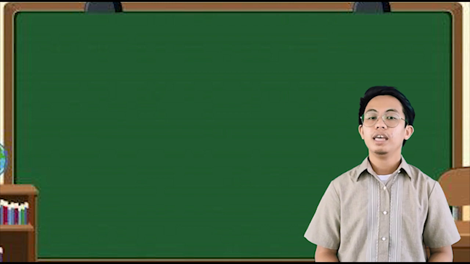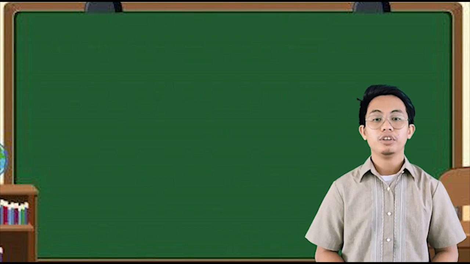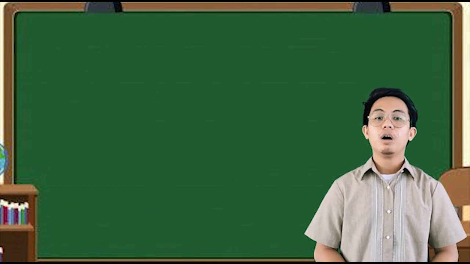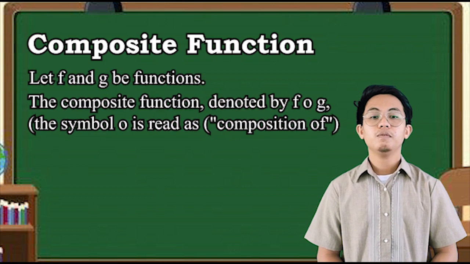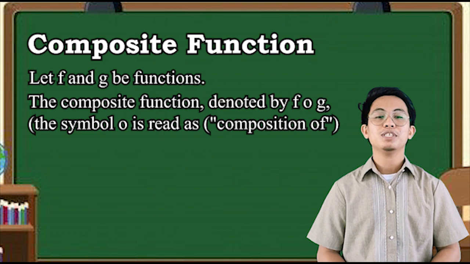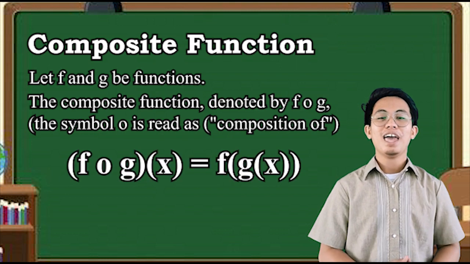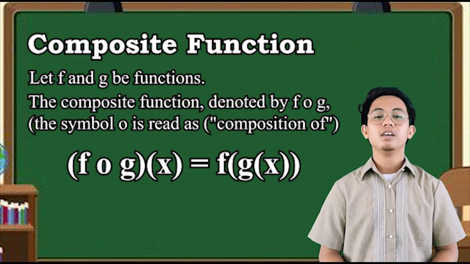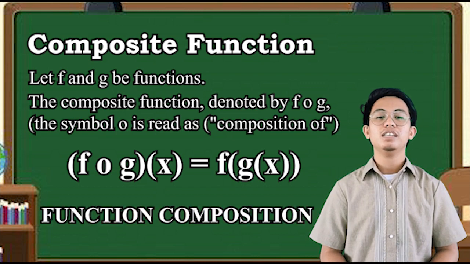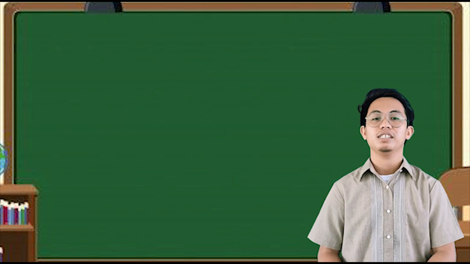We are not done yet because we have another operation of functions which is called composite function. By definition, the composite function denoted by f composition of g is defined by f composition of g of x is equal to f of g of x. This process of obtaining a composite function is called function composition.